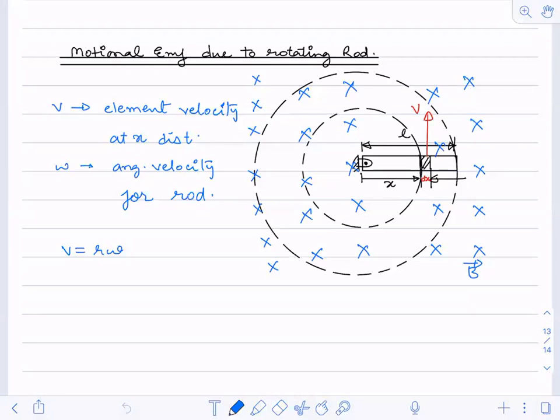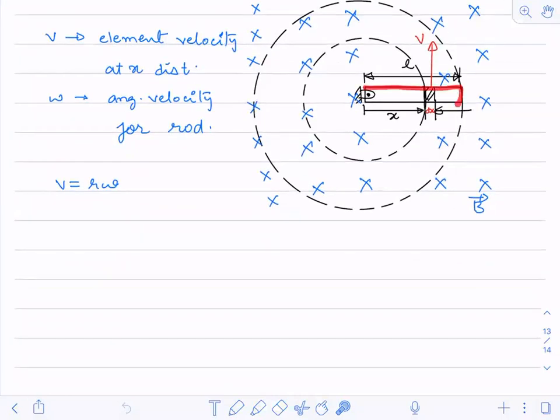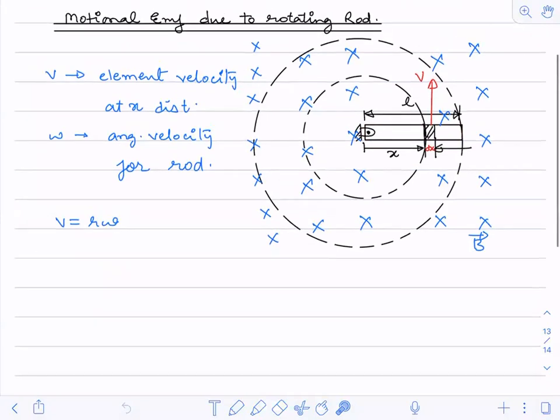We have a rod, and this rod is rotating, revolving. At x distance from the center we have taken this element, which I'm highlighting right now.